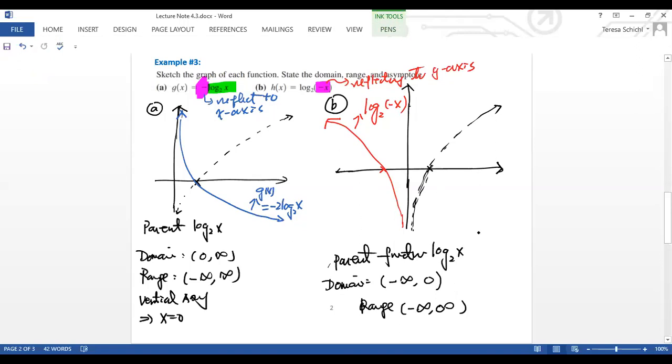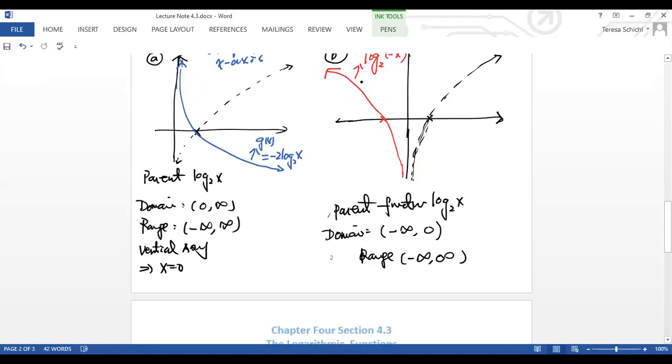Oh yes, I do have an asymptote, because this graph is going to get closer and closer to the y-axis. So what type of asymptote do I have? I have a vertical asymptote, right? So what is the vertical asymptote? It's the same thing. It's the y-axis, or x equals 0.